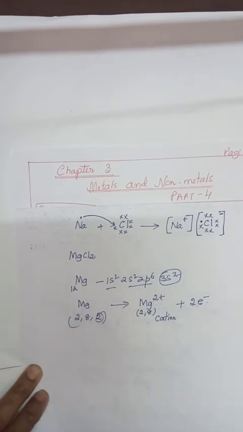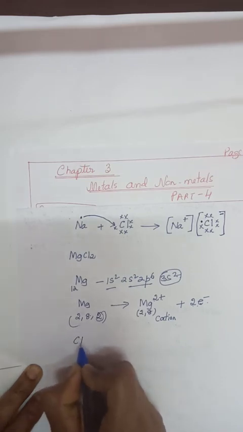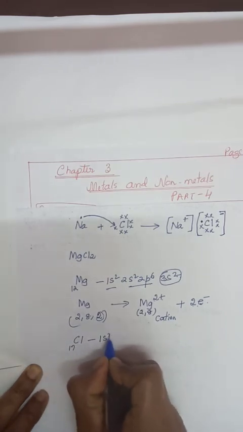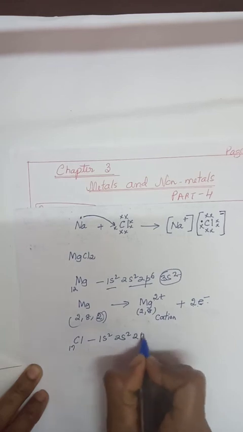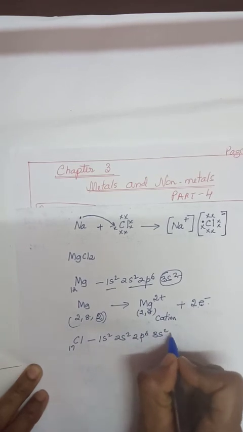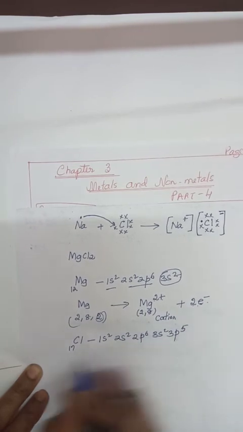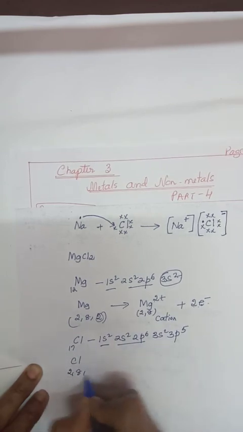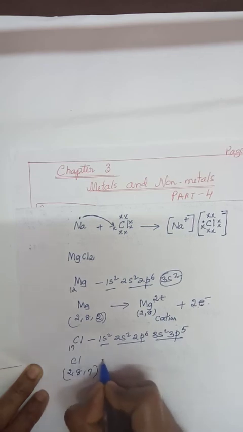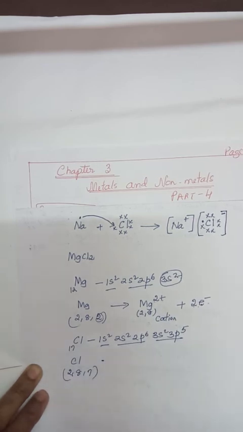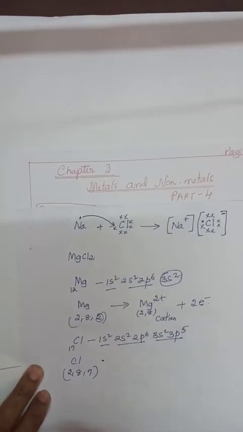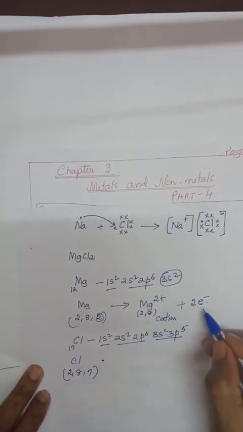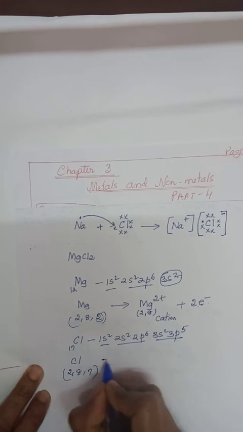Now chlorine, you know how to write the electronic configuration of chlorine. Chlorine is 17: 1s2, 2s2, 2p6, 3s2, 3p5. Chlorine atom 2, 8, next is 7. To attain the octet configuration, chlorine gains the electron lost by magnesium.